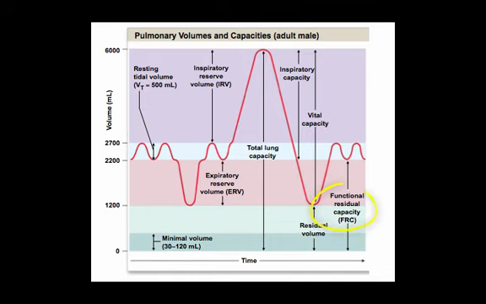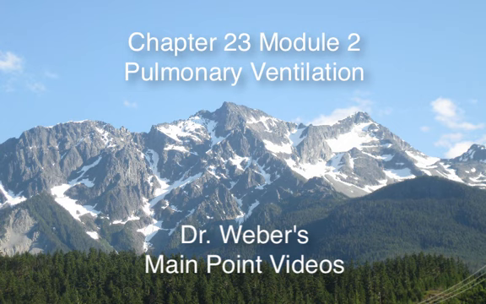The functional residual capacity is the expiratory reserve volume, air expired after a normal exhalation, plus the residual volume, air remaining in the lung after maximal exhalation. The vital capacity is the expiratory reserve plus the tidal volume plus the inspiratory reserve volumes. The total lung capacity is the vital capacity plus the residual volume. This ends Chapter 23, Module 2, Respiration.